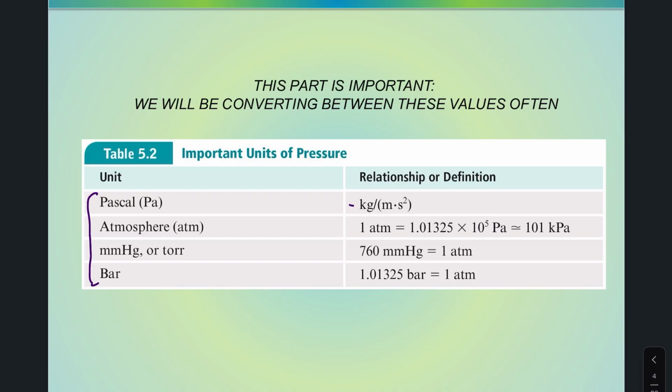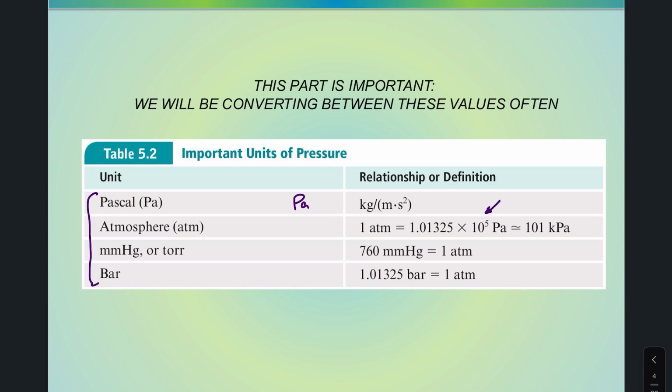Pascals have the units Pa, or kilograms per meter second squared. Atmospheres have the units atm, which is equal to 1.01 times 10 to the 5th pascals, which is about 101 kilopascals.